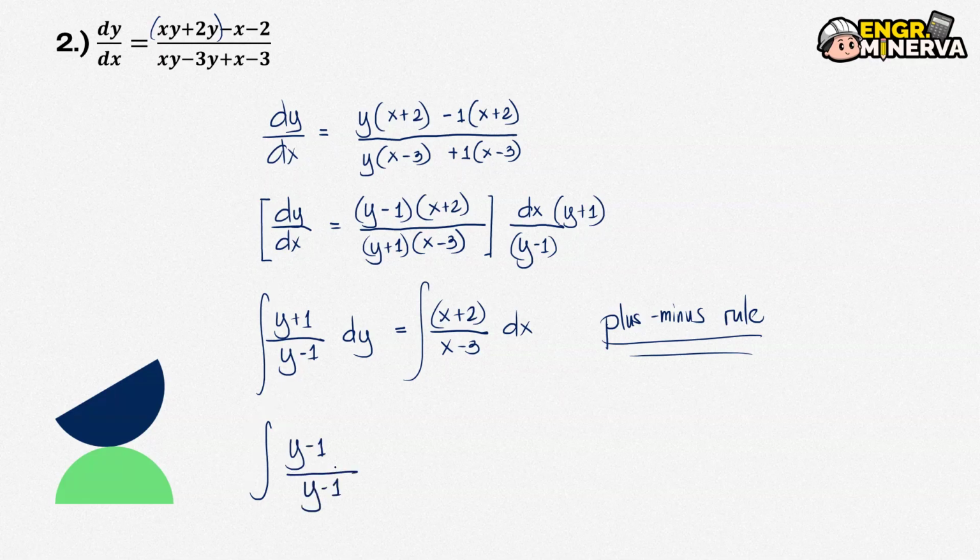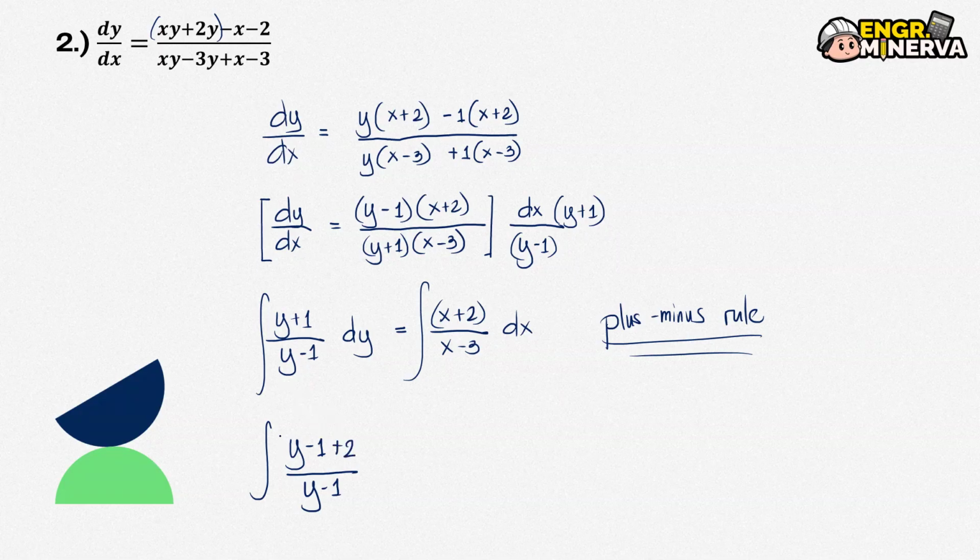But how can we make this numerator equal to y plus 1? The result must be y plus 1 also. So it means it lacks plus 2. Why is that?